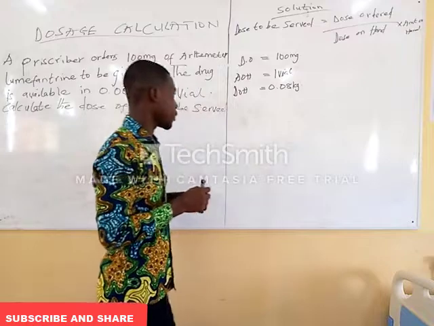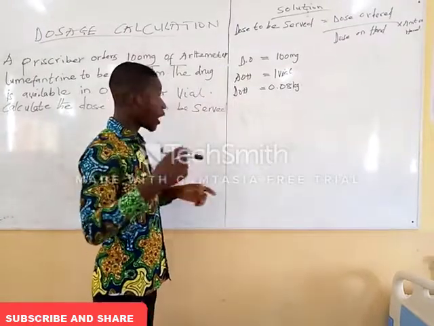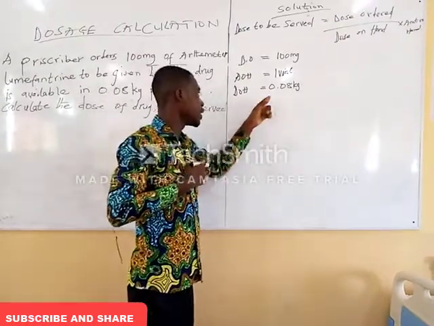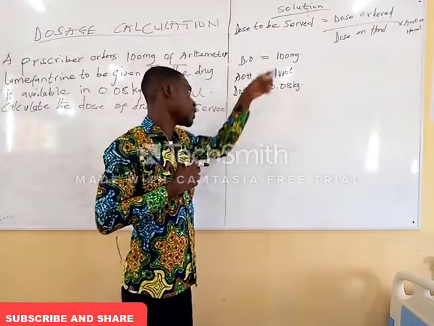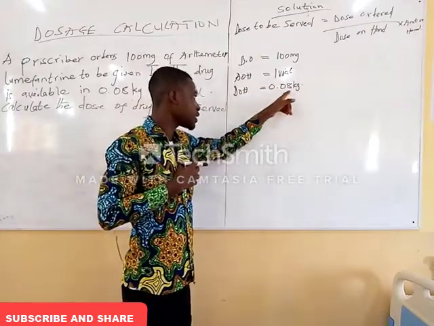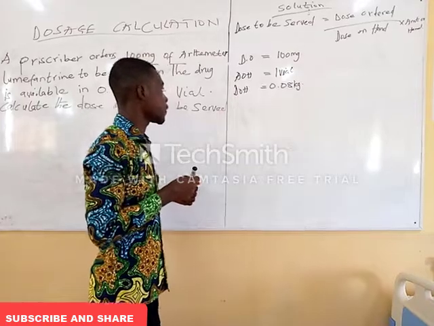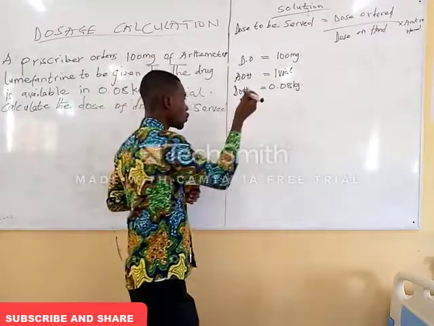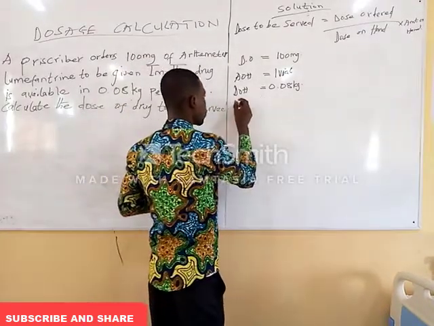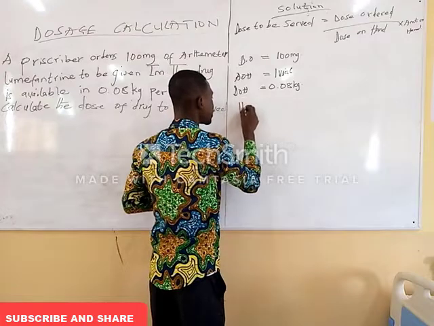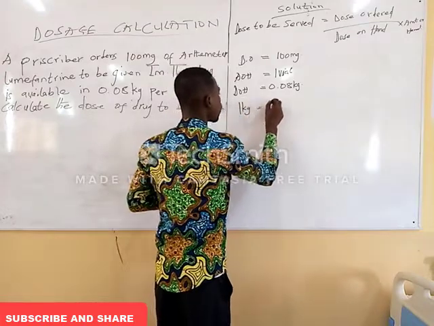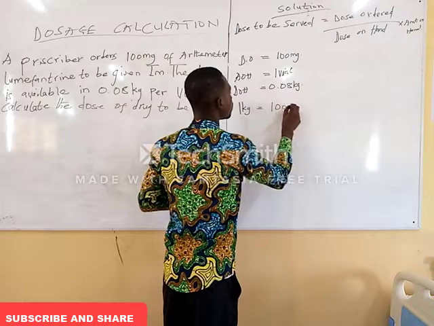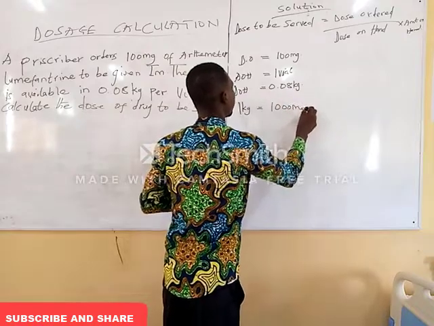So now, I would rather change this kg to mg. So let's say 1 kg is equal to 1000 milligram.